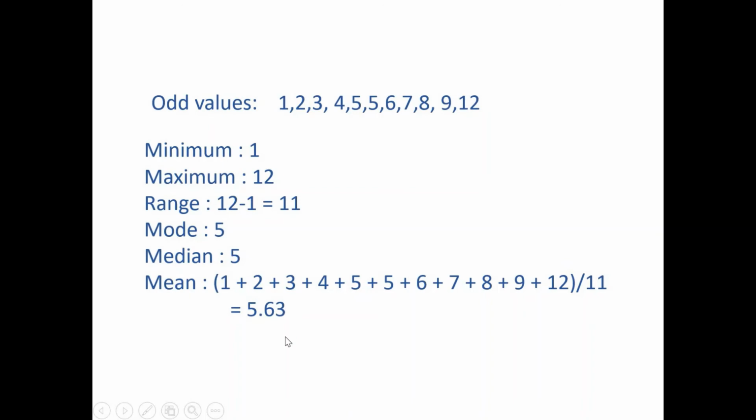Hence, just adding one single value which is far away from our data causes a lot of change in the mean. Hence, mean is good to use for average data, but it will not be sufficient to show how the data is spread out.